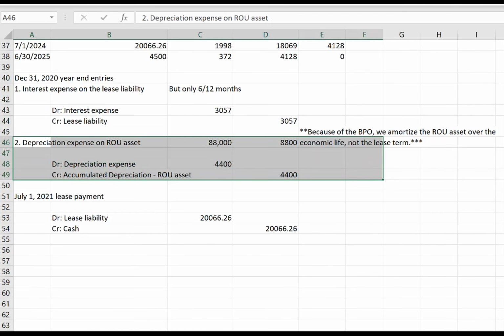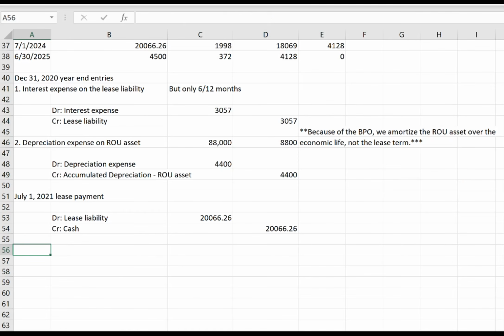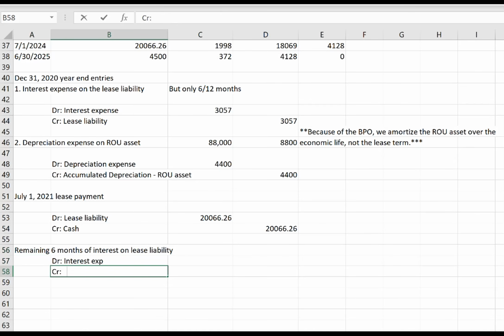Okay, so we're going to have our other portion of the lease liability. The other 6 months remaining of interest on lease liability. It's going to be debit interest expense and credit lease liability.